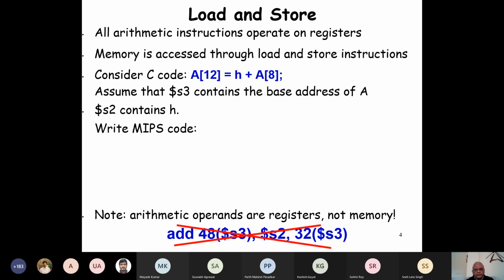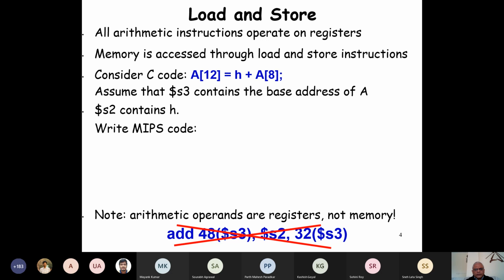So how do we write this? If it was a CISC processor, we might have written something like this: 48 of the base register, 12, 4, 48. So this is the destination, and then these are the sources, 32 of the base register, and S2.